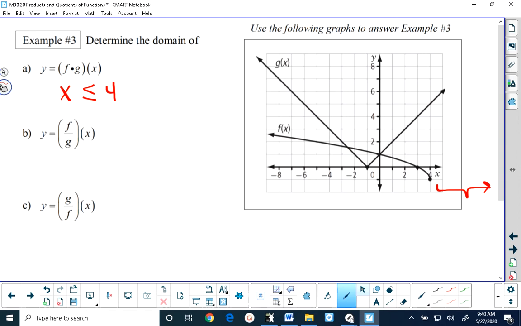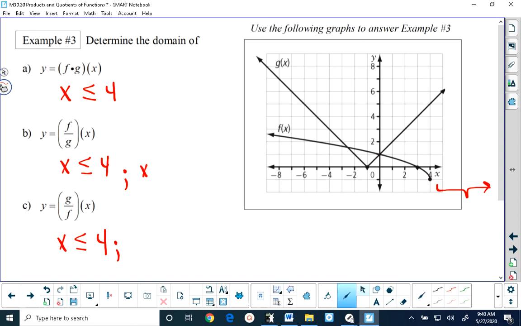Now, when you have a quotient, we still start off with that common domain. Whether it's f over g of x or g over f of x, these functions can only ever be defined where the domains are common. However, we have to exclude any value of x that makes the denominator 0.